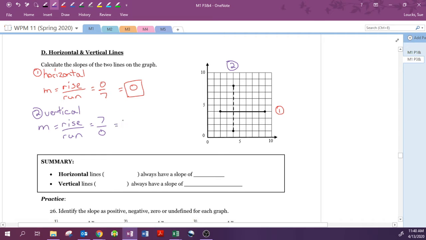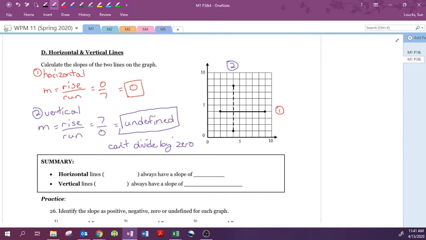Now, what happens if you do 7 divided by 0? You can't divide by 0. Okay, so the answer here is the word undefined. That is the slope. It is undefined, okay? Because you can't divide by 0. All right, you just have to remember that that is undefined, okay?